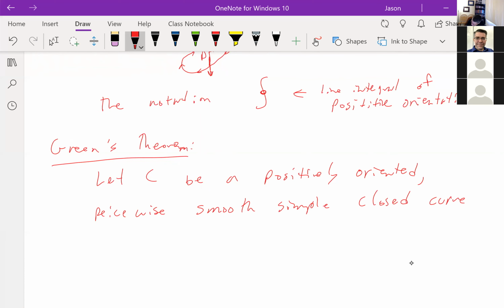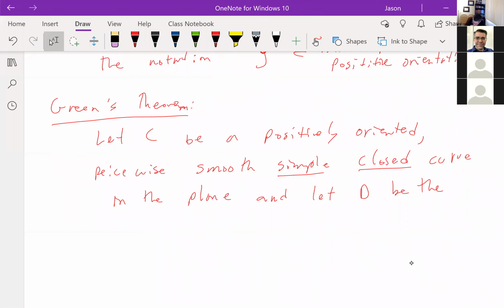It just means everything about this is nice. And let D be the region bounded by C.